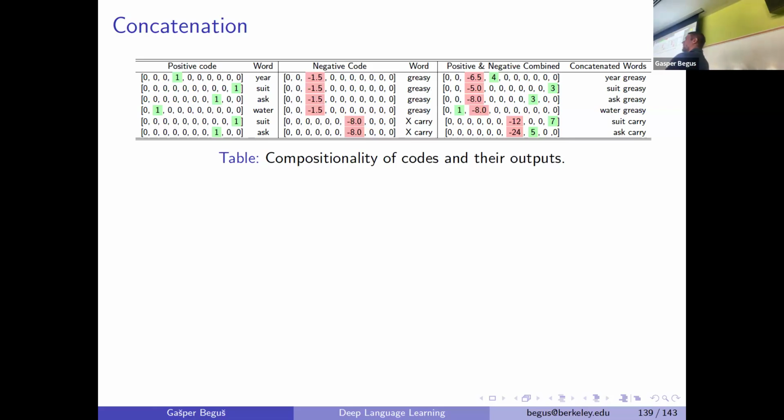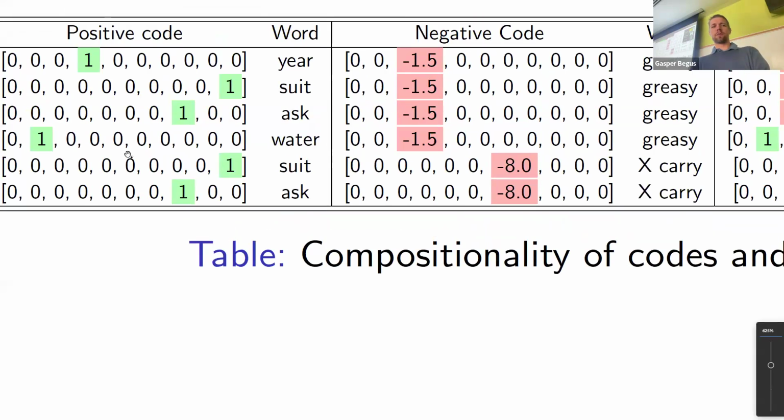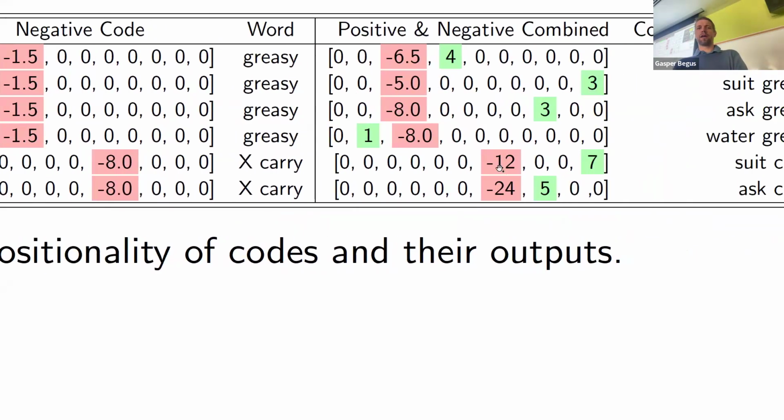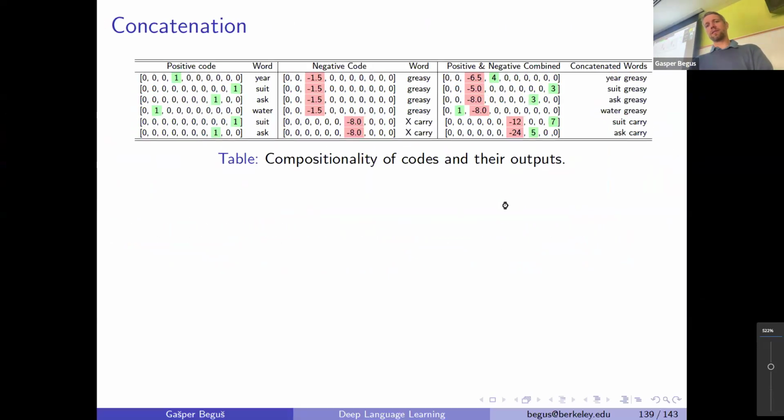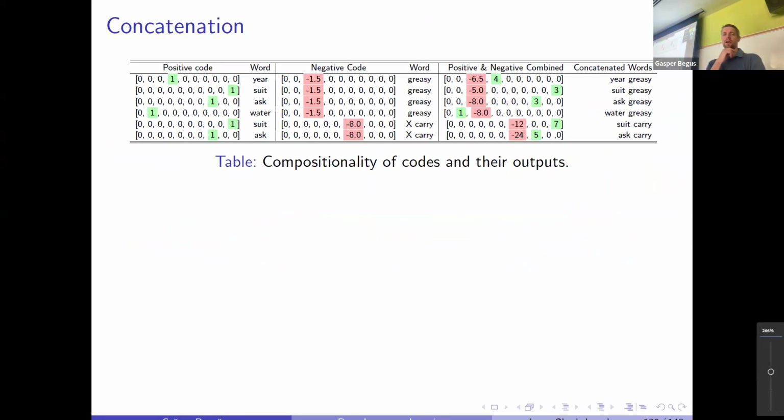When you force those two together at the same time, you can get predictable outputs. You can say, okay, suit is represented with this code. Greasy is represented with a negative value in this code. When I force the two of them simultaneously, I get a concatenation. So we call this semi-compositional concatenation because it's not yet a one-to-one mapping, a beautiful, clear system.